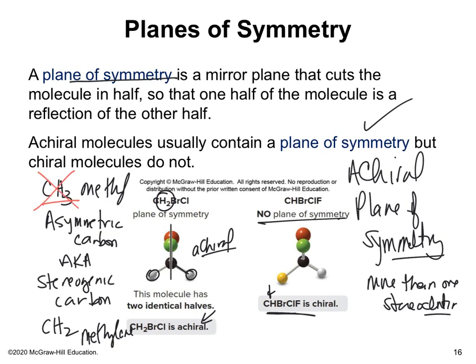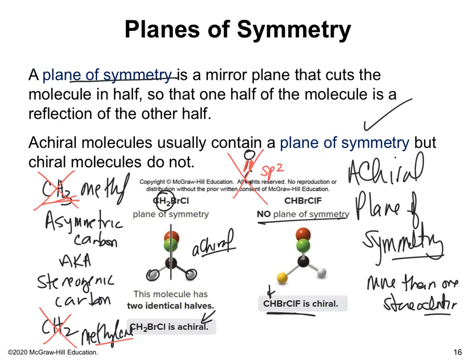CH3, that's a carbon bonded to 3 hydrogens. That's 3 of the same thing. A methylene, CH2, that's a carbon bonded to 2 hydrogens. A carbonyl, that's a carbon bonded to oxygen twice.